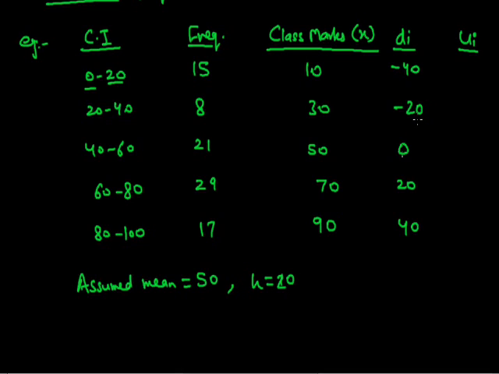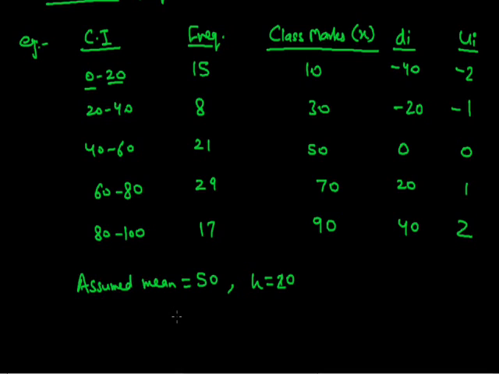Let's take h as 20, because all these are multiples of 20. So ui is di divided by h, that is minus 2, minus 1, 0, 1 and 2.